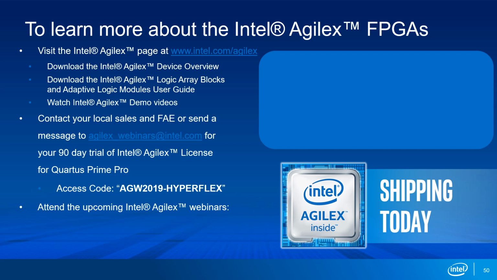We also encourage you to try Intel Agilex devices on Quartus Prime Pro for a limited time. To do so, contact your local sales and FAEs or send a message to agilex_webinars at intel.com to request Intel Agilex software access and mention the access code written on this slide.